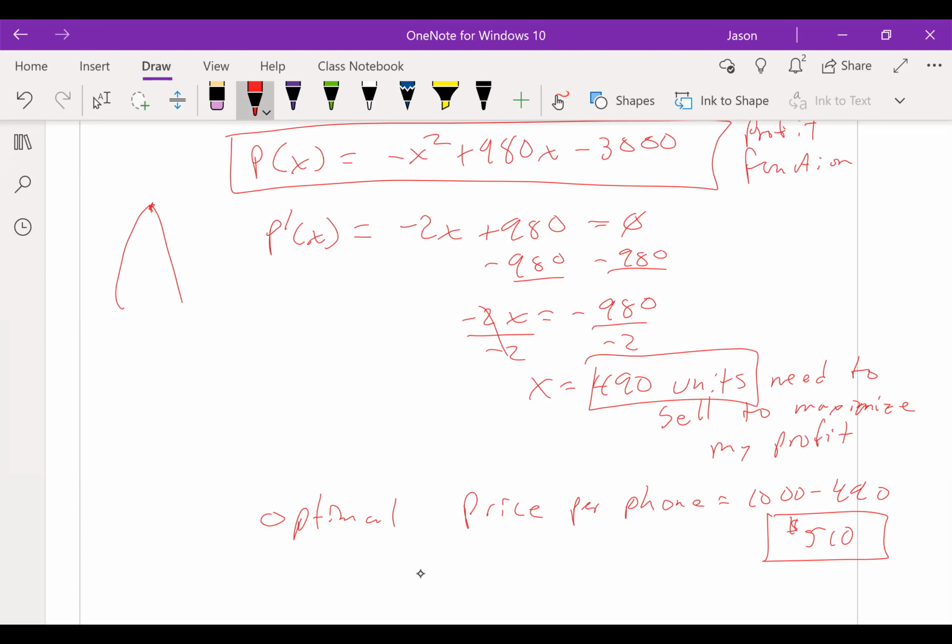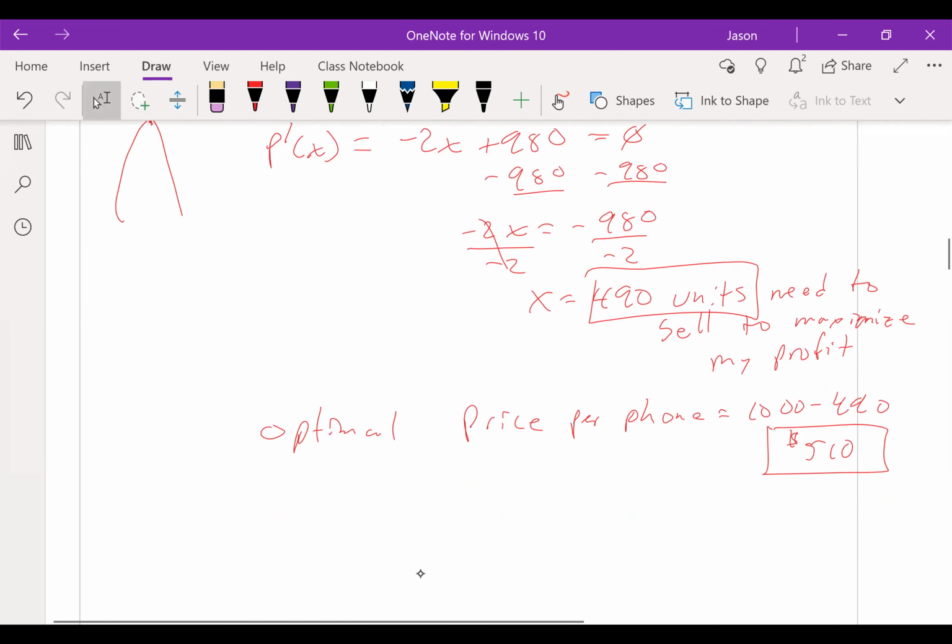So there's your new iPhone right there, or your new Samsung. Okay, so it cost them $20 in parts to make a phone that they're going to sell at $510 to maximize their profit.